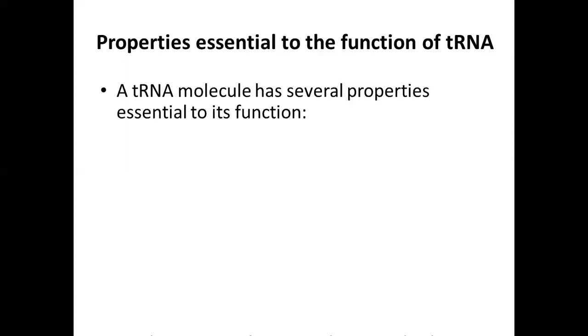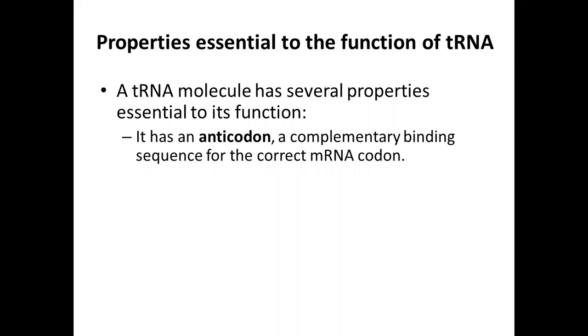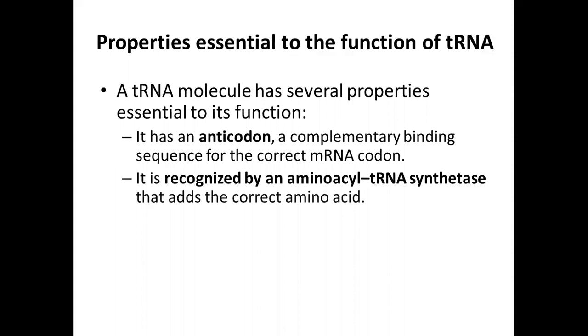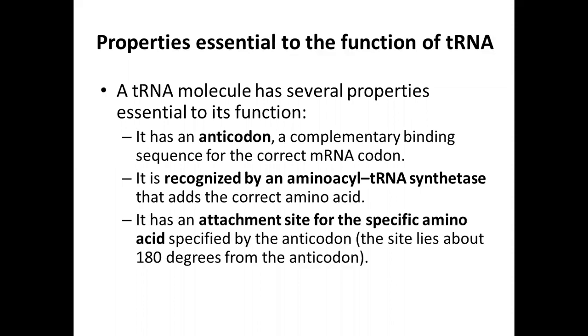So there are certain properties that are essential to the function of the transfer RNA. One, it has an anticodon, which has a complementary binding sequence to the correct messenger RNA codon, as we have mentioned earlier. Then the transfer RNA is also recognized by enzymes called aminoacyl tRNA synthetase that add the correct amino acid.